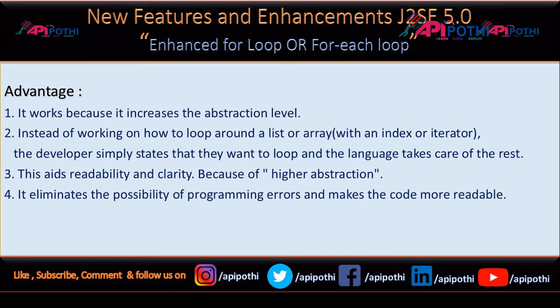Now another thing is that instead of working out how to loop around the list, you just leave this to the JVM. Developers should not have to worry much about that. Suppose we are iterating a string, we know the string index starts from 0, like an array, we start iterating from 0 to length minus 1.